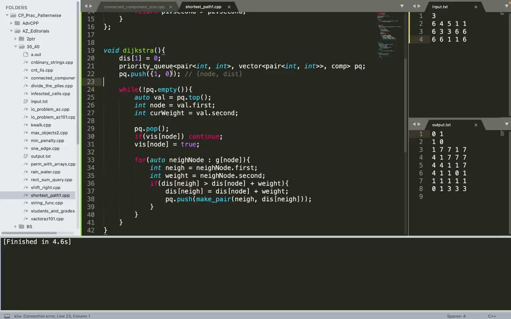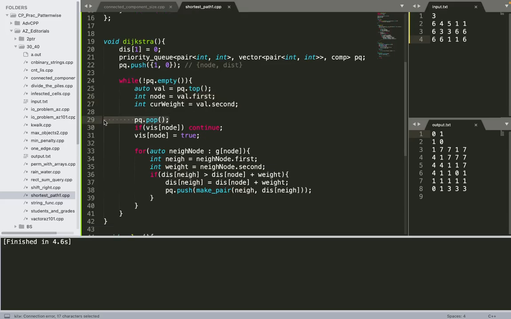We first get the value: the first element will be the node, the second element will be the weight, and we assume that it is processed, so no more pushing its adjacencies to the priority queue. So we just pop it, and if it is visited, then we just continue.